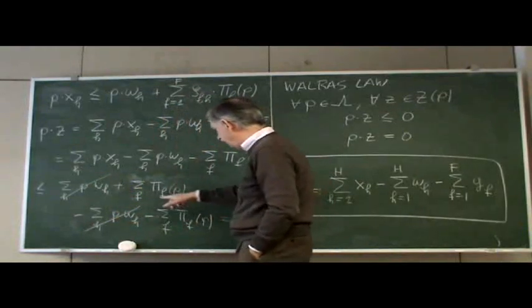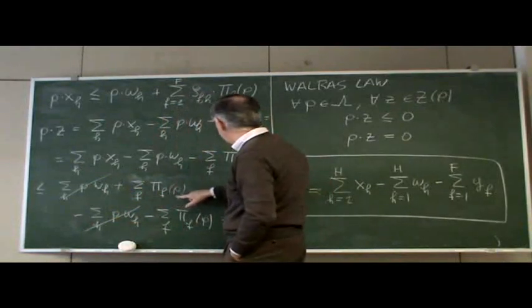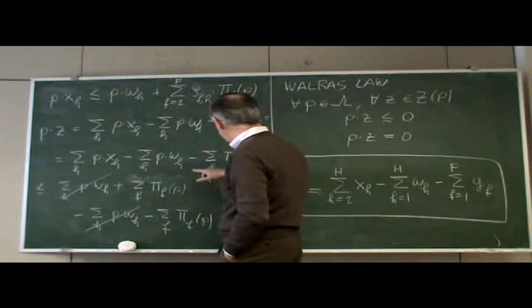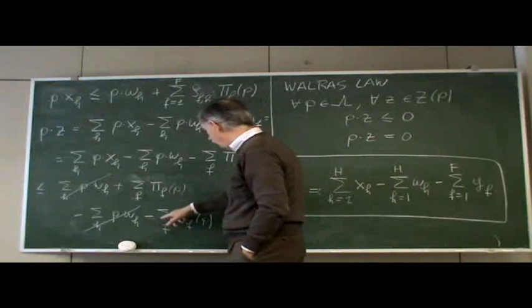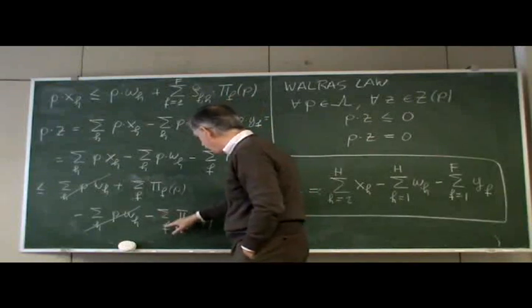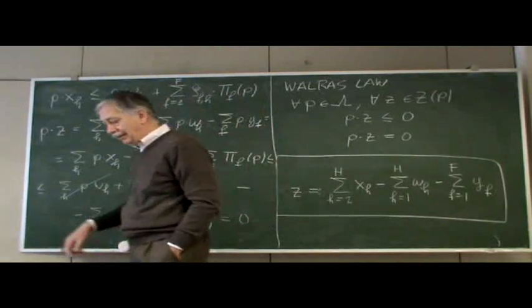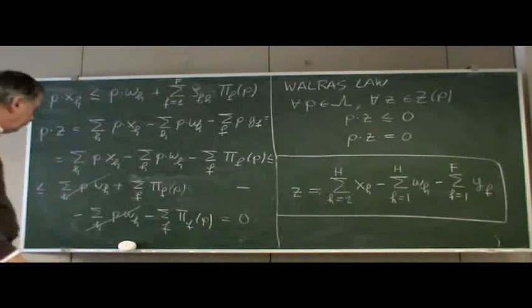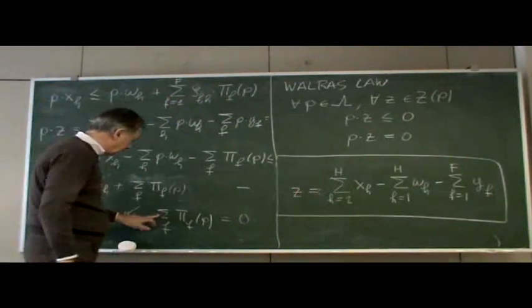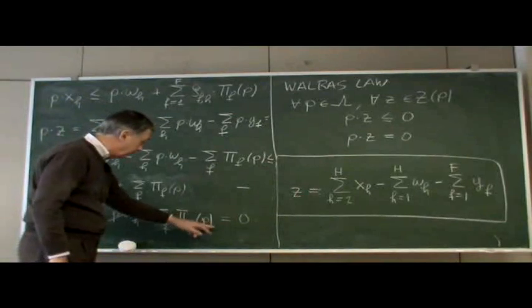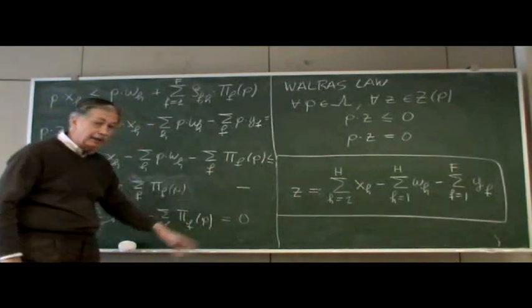There remains the total value of profits minus sum for H, sum for F, xi FH times pi F of P. But this double sum can be rewritten in this way: sum for F of the profit of firm F times sum for H of xi FH.